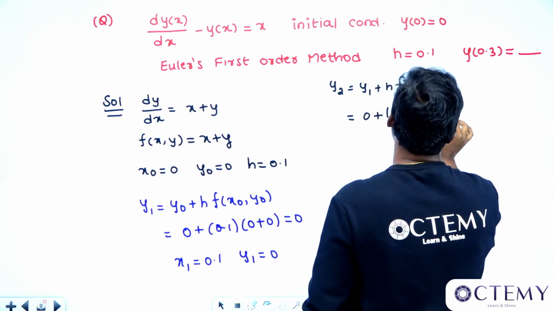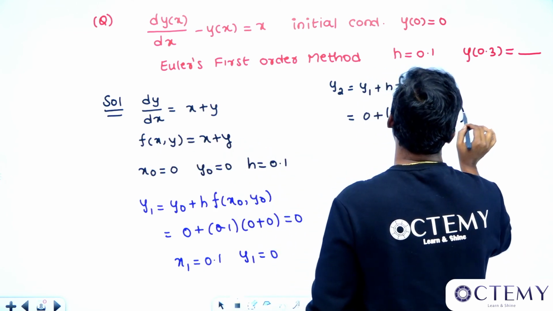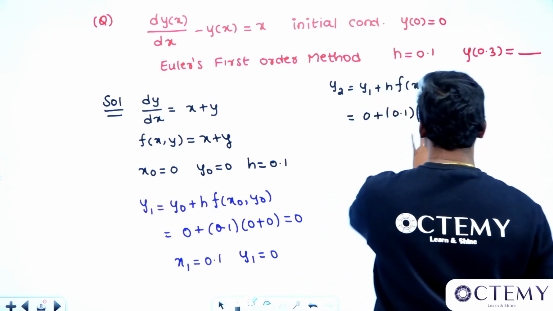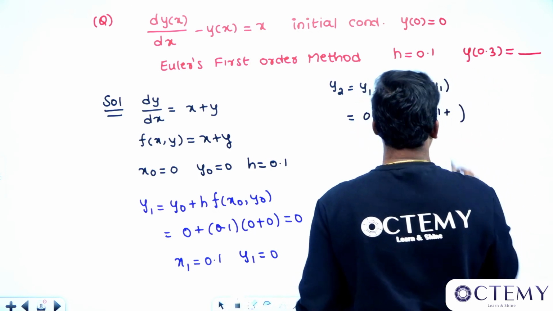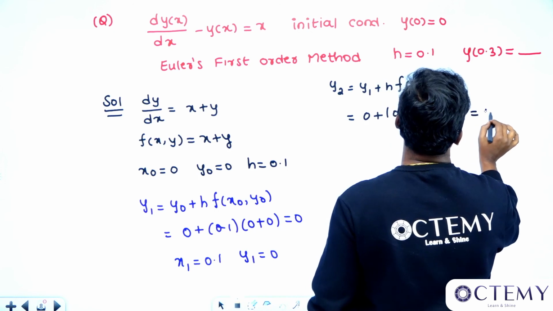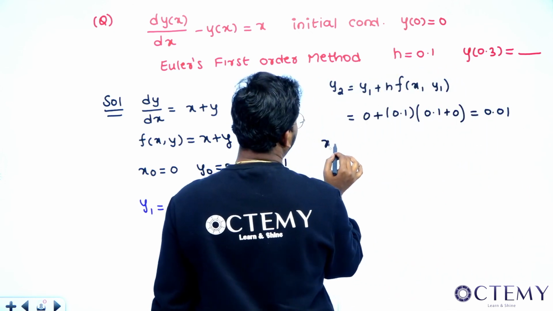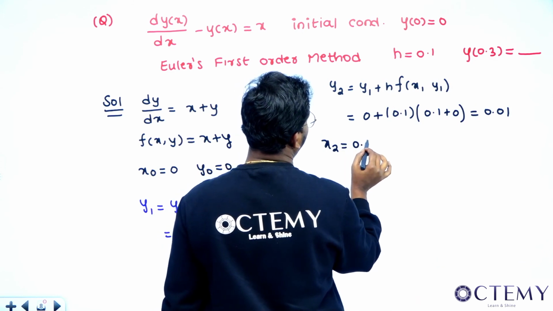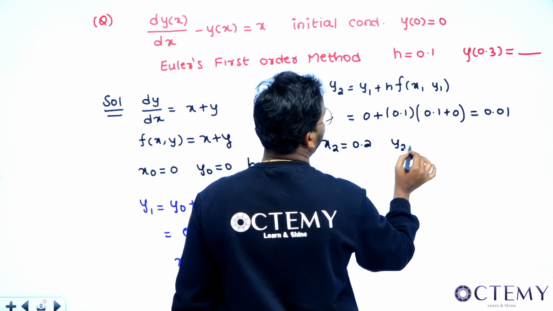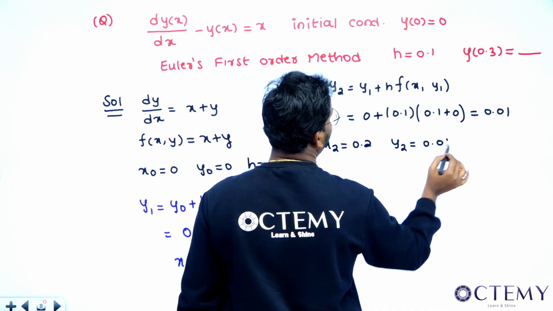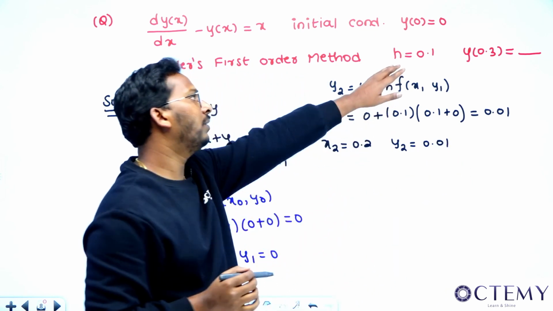That is 0.1 plus 0, so this is equal to 0.01. The meaning is, when x2 is equal to 0.2, y2 is equal to 0.01. But I want x is equal to 0.3.